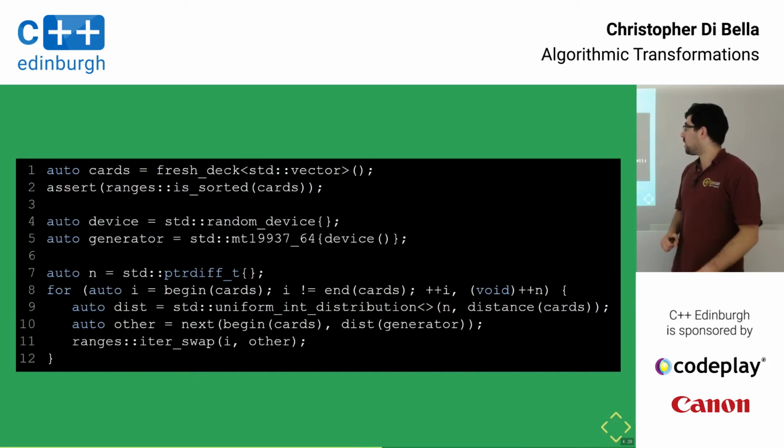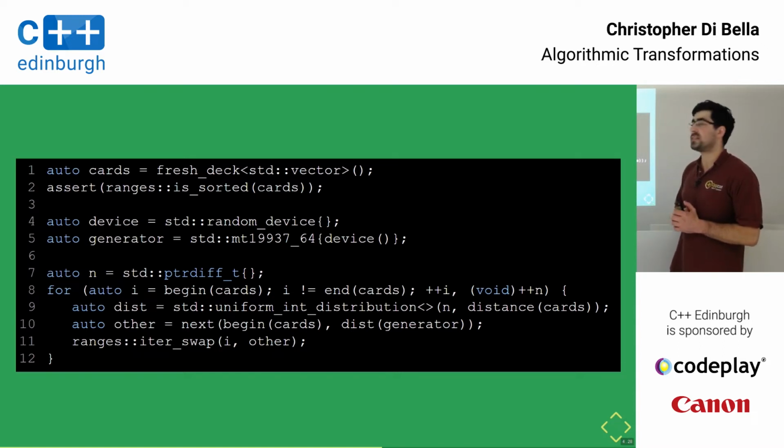All right, here's some code that performs a shuffle. I want you to take a look at this very closely. This is a shuffle algorithm for a vector, but the fresh deck function, which returns a fresh deck of cards, could return a list, it could return a deck. It doesn't have to be a vector.